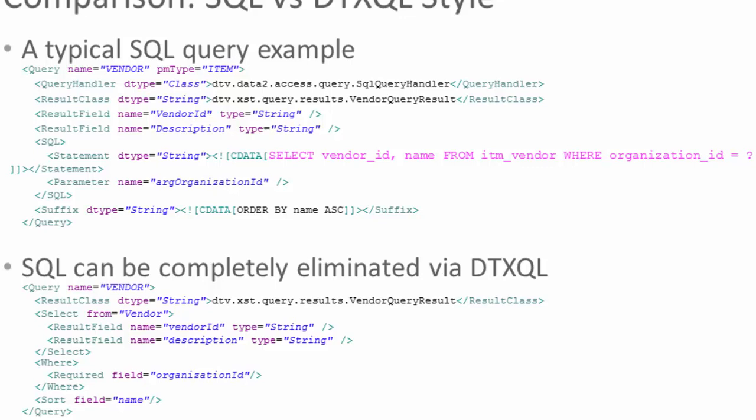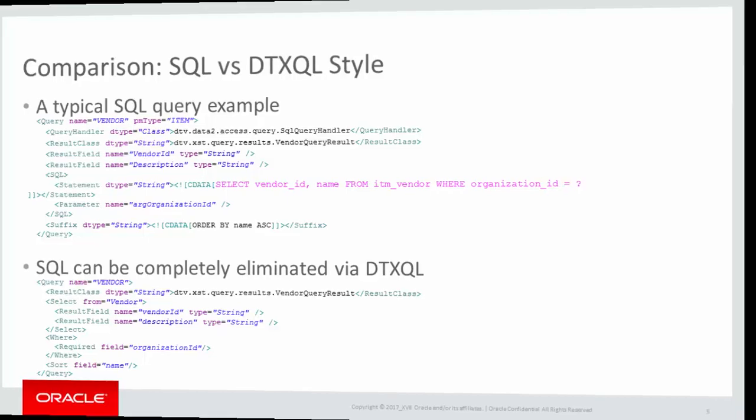The result fields for the DTXQL version are provided inside the select element, and there is no SQL element in the DTXQL version. Lastly, you'll notice that both versions have ordering. However, the traditional version is to append raw SQL through a suffix, whereas DTXQL allows you to specify a sort element in which you would specify the DTX field name to order by.